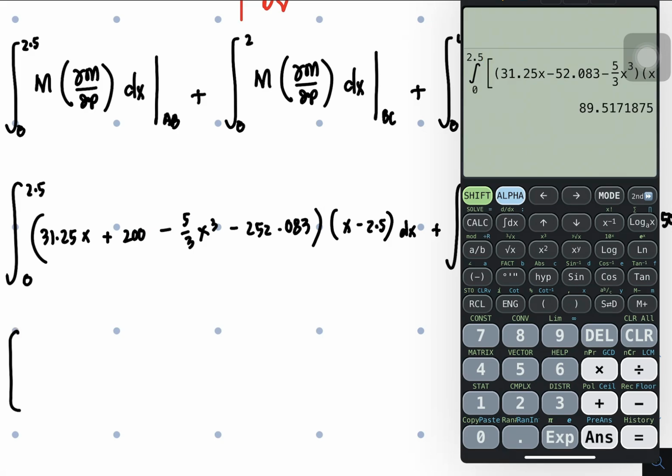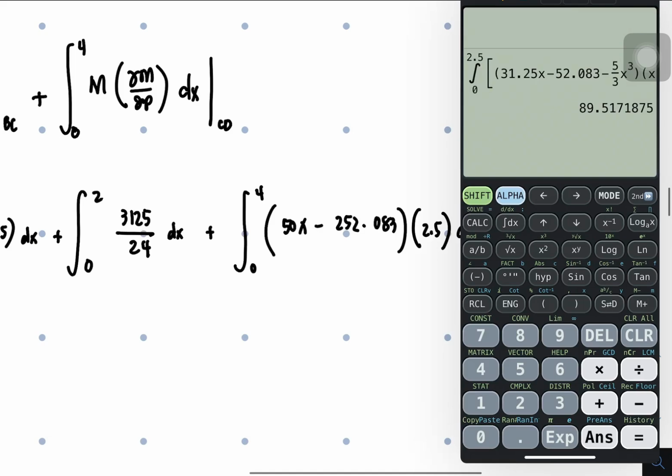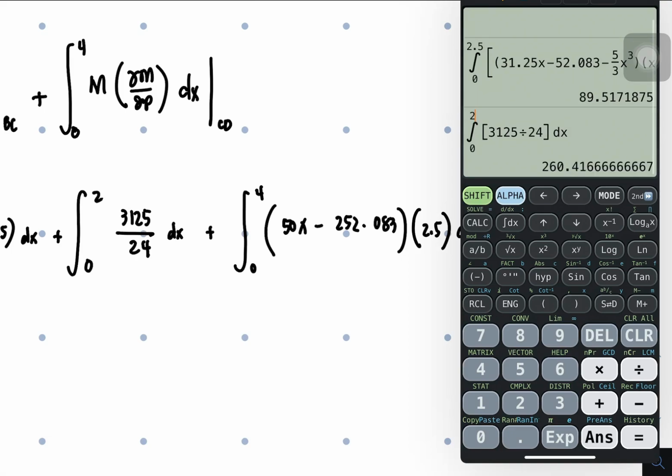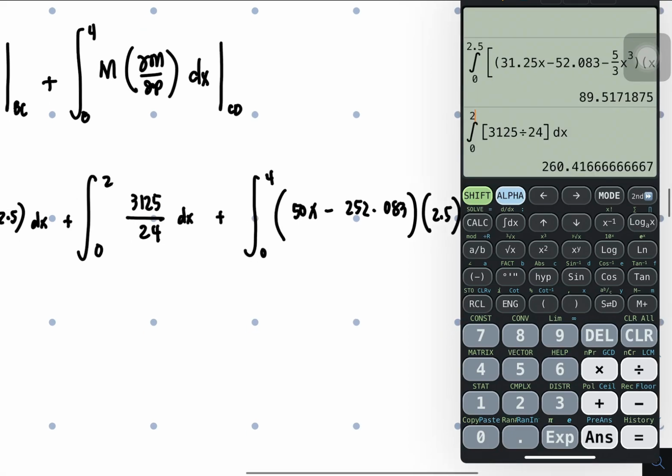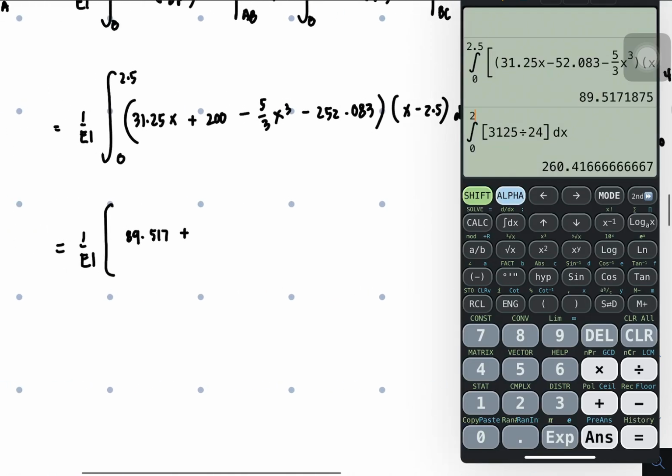This is 89.517 plus integral of 3125 over 24 from 0 to 2, to 60.417.